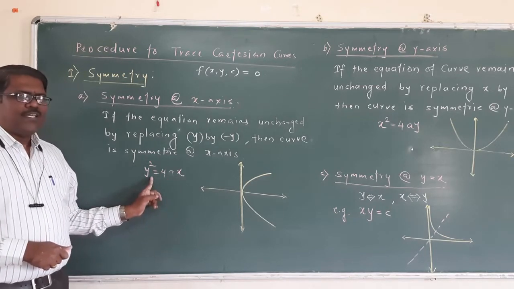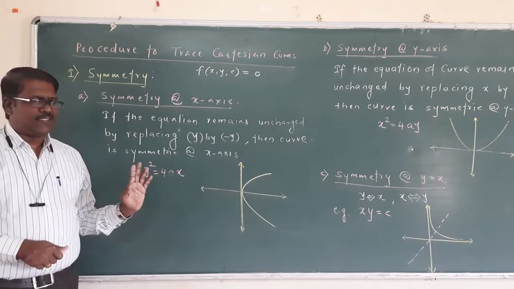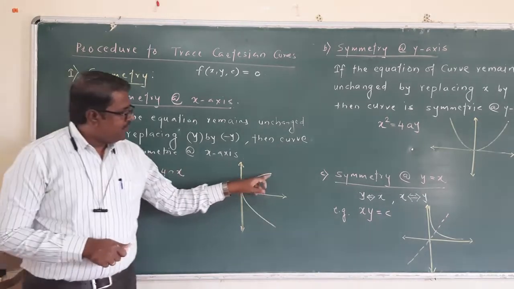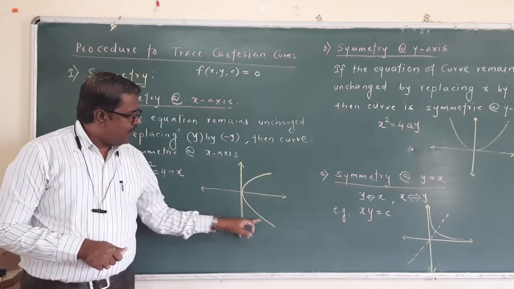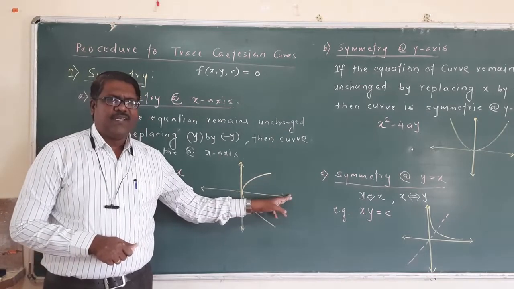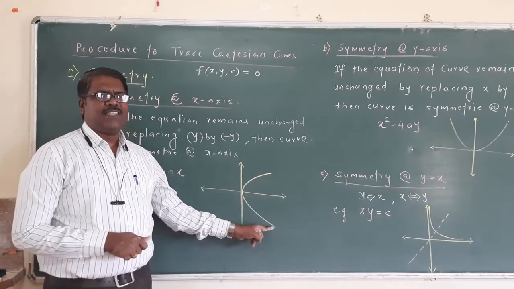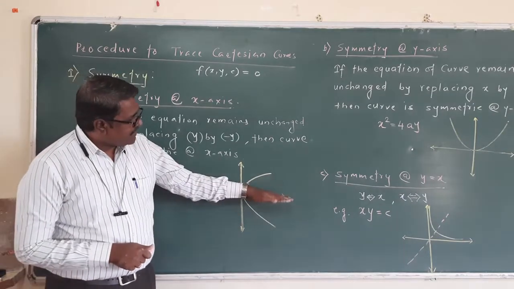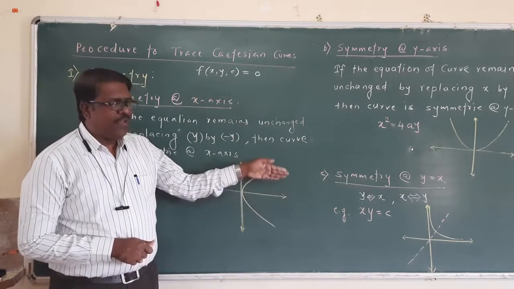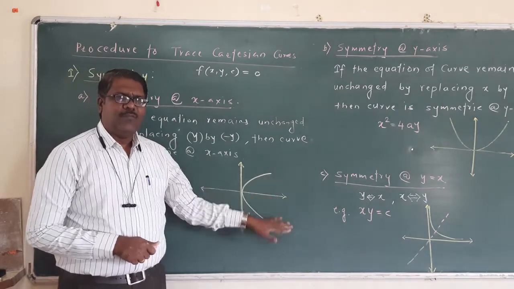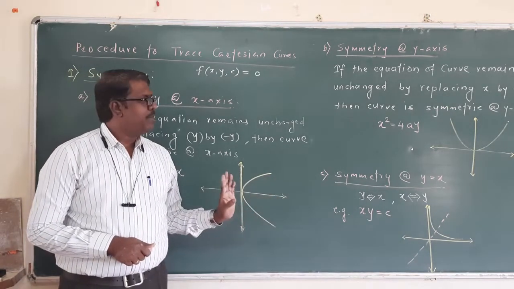Therefore, this curve is symmetric about x-axis. And here I have drawn this figure. So this is parabola open towards right, and this is symmetric about x-axis. Symmetric about x-axis, it means 50% curve lies above x-axis and 50% below x-axis in same manner.